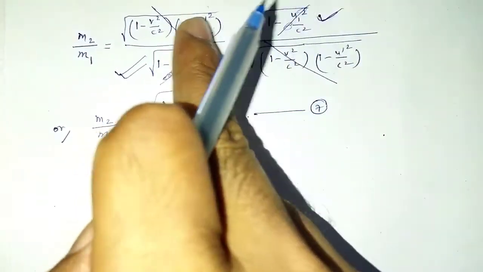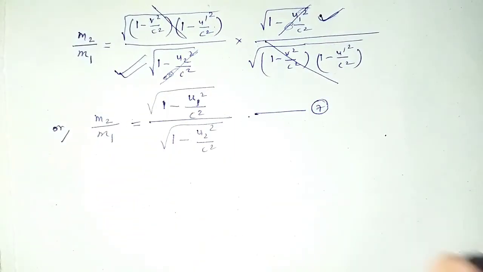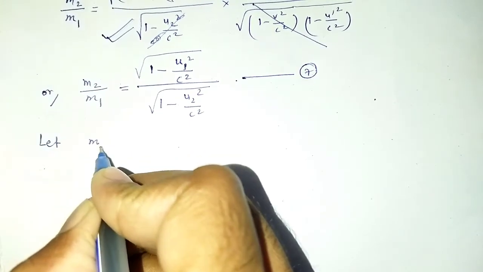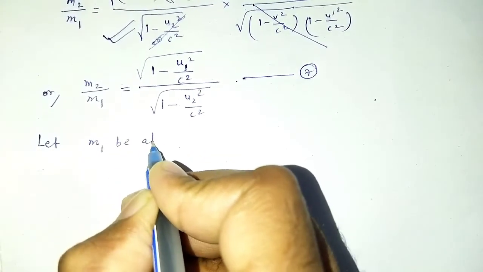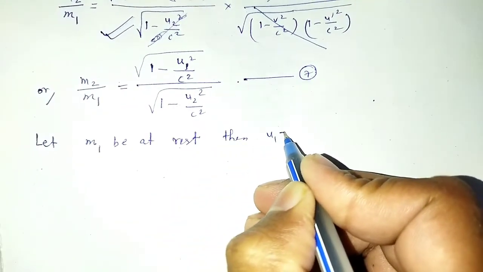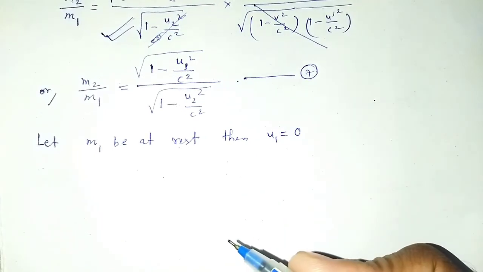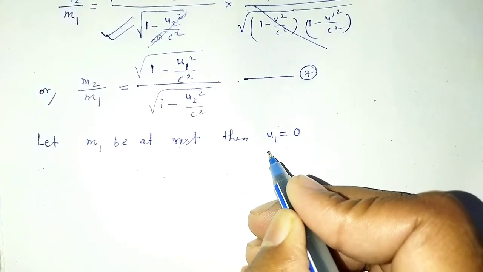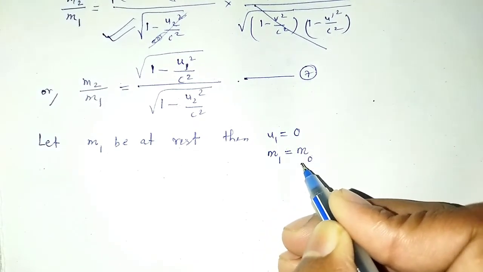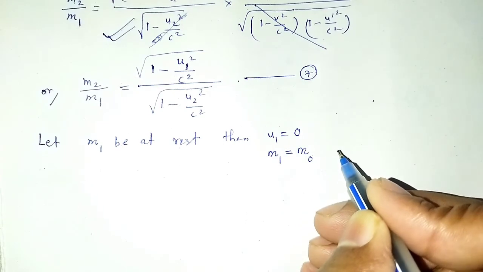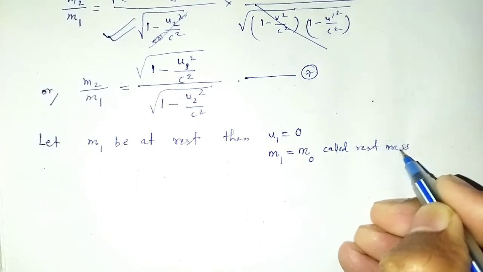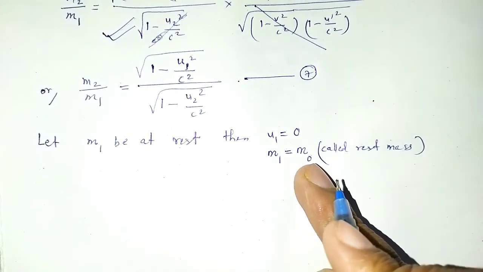These two exist, these two are cancelled. Let m1 be at rest, then u1 is equal to 0, and m1, that is m naught, is called the rest mass.